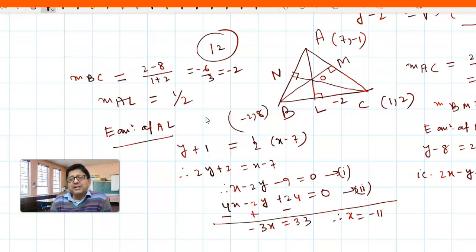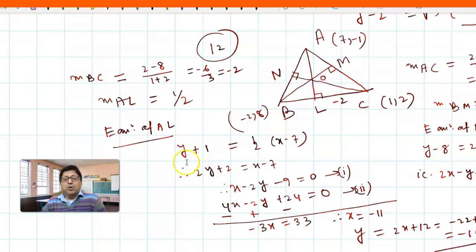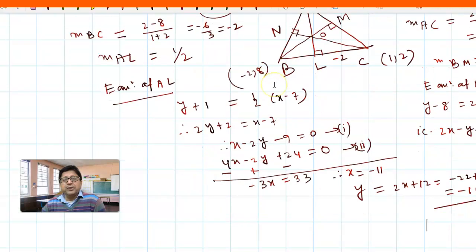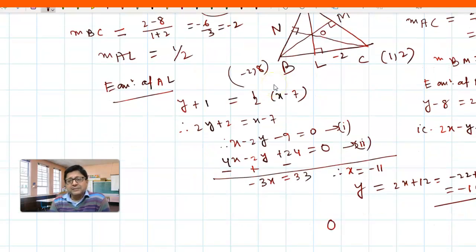So x will be minus 11, and y is going to be what? 2x plus 12, that is minus 22 plus 12, which is equal to minus 10. So the orthocenter O is minus 11 comma minus 10.